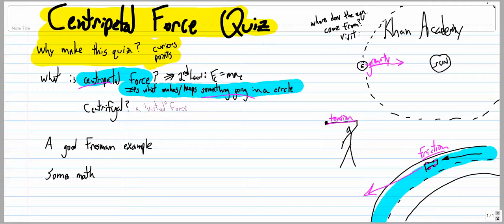So centripetal force acts on objects: this rock going around, the car going around, the Earth going around. Centrifugal force is something you've probably heard of. For years and years, I never really thought of centrifugal force as real, because if you turned gravity off, the Earth doesn't suddenly take off outward.